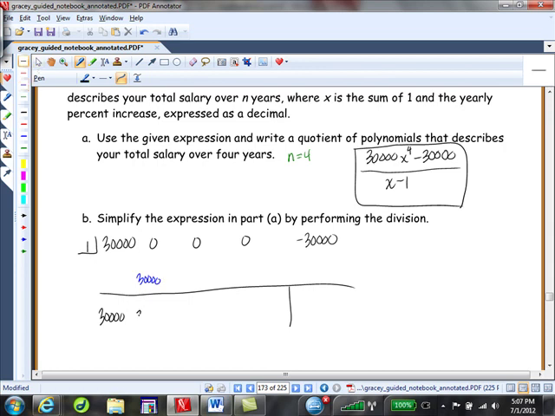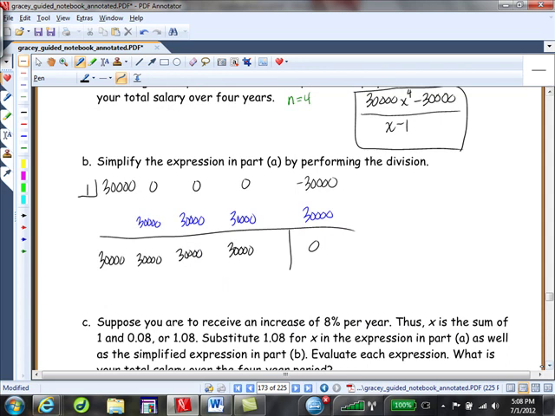So 0 plus 30,000 is 30,000. And then multiplying, we'll get 30,000. 0 plus 30,000 is 30,000. Multiplying, we get 30,000. 0 plus 30,000 is 30,000, and then multiplying, we get 30,000, and negative 30,000 plus 30,000 is 0.